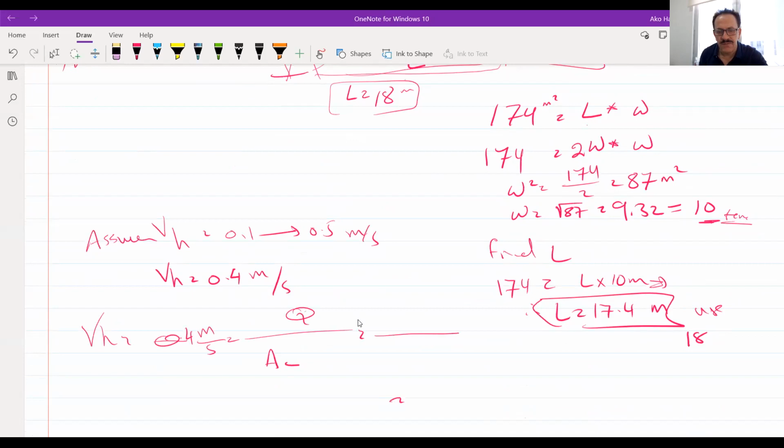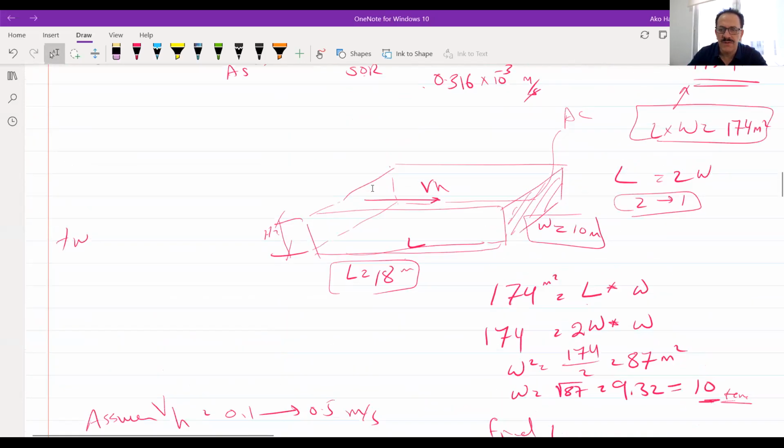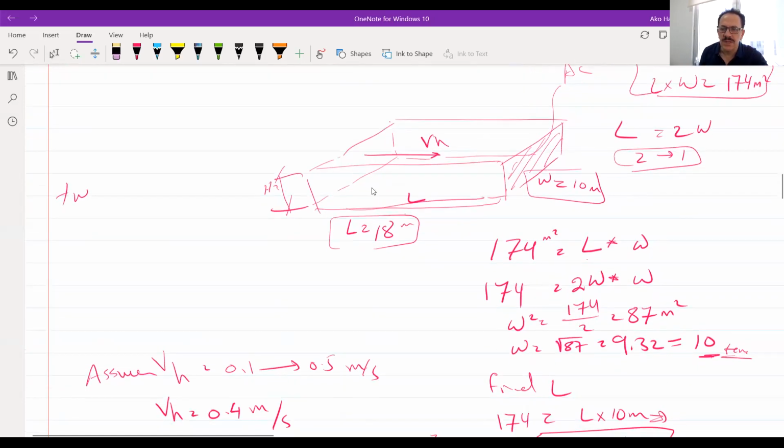Then the flow is how much? It's 4,715 meter cube per day divided by cross-sectional area. What is the cross-sectional area for this one? It's the width times the h.